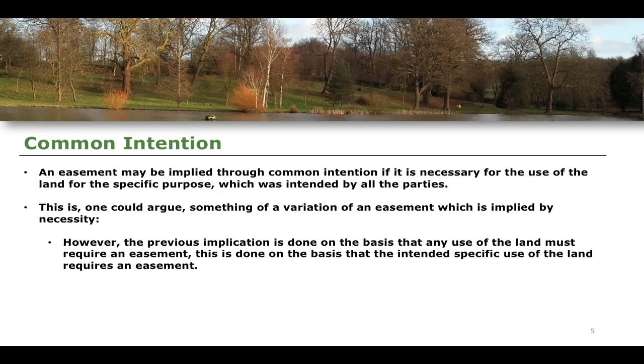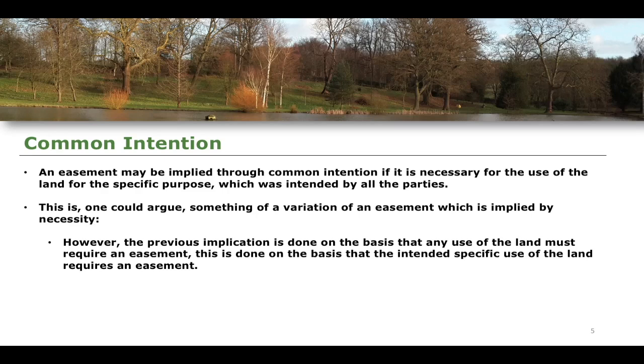So, whereas the implying of an easement through necessity required there to be an easement for any use of the land at all, and I used the example of some property that essentially is blocked off by some other property, such that there is no way of even getting to the property without going across that property.